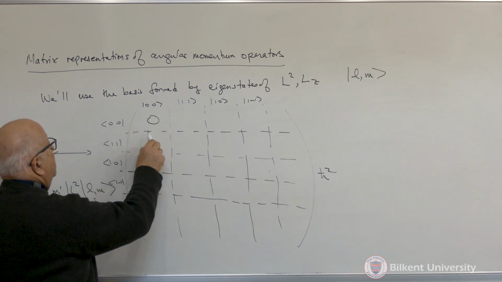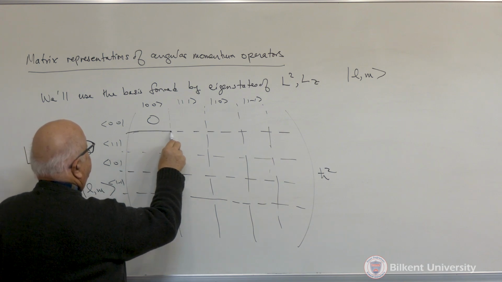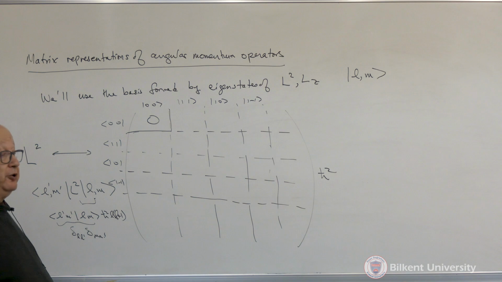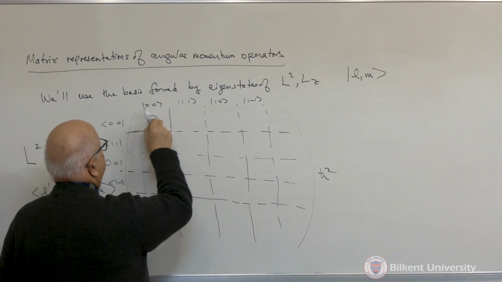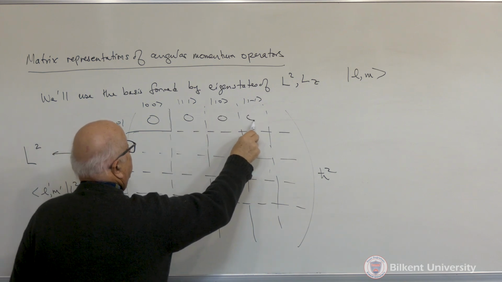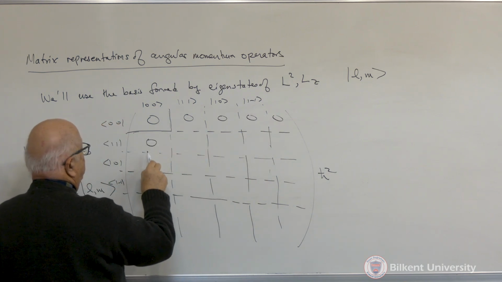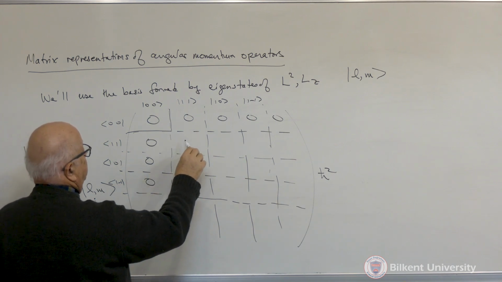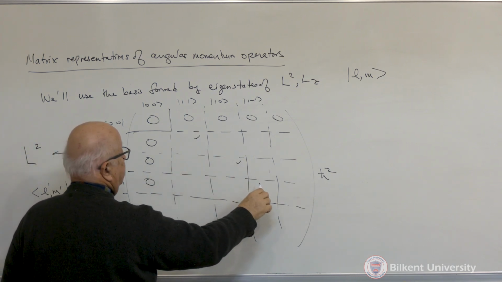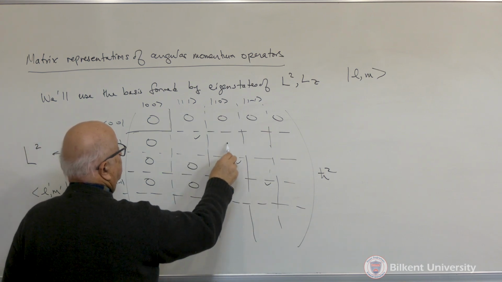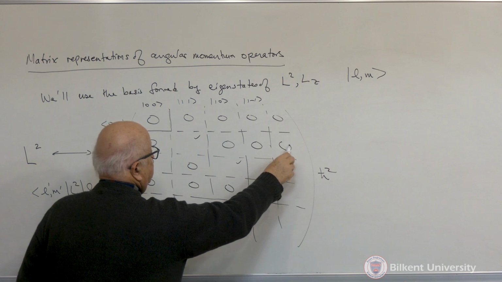Any other element here is going to be 0. The inner product of 0, 0 with anything like this is going to be 0. So in fact, it's just going to be a diagonal matrix. Only these elements here are going to be non-zero. Everything else is going to be zeros.